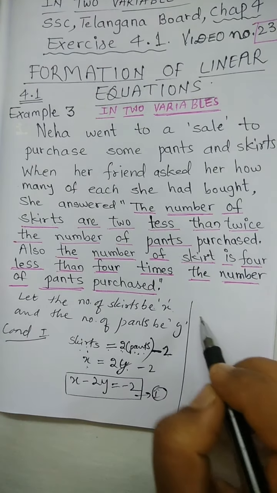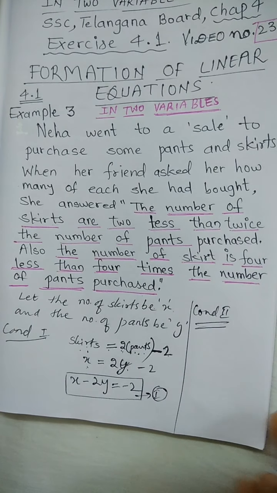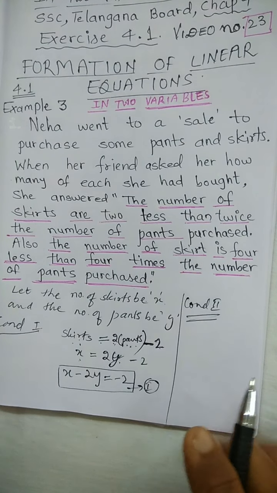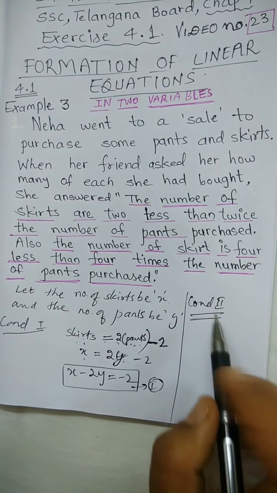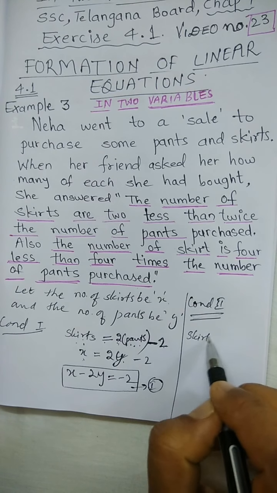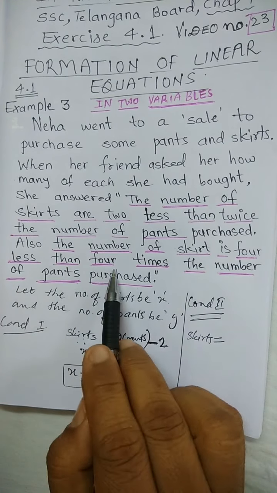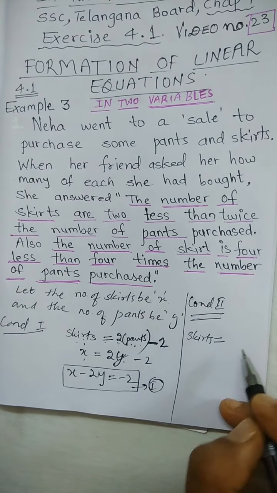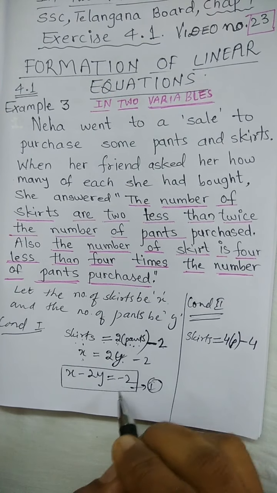Now condition 2. What is second condition? The second condition is the number of skirts, that means skirts, are equal to 4 less than 4 times the number of pants.